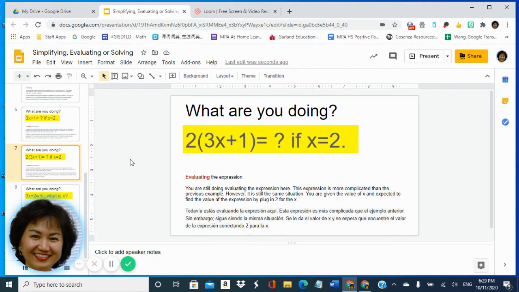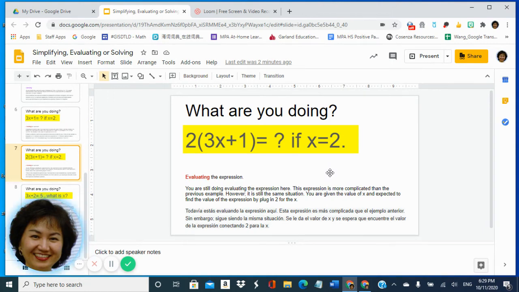Look at this example. This one is another example. What are you doing here? This is another expression. They ask you what does this expression equal to? If x is 2, you have the value of the x. So you just plug in this value into this expression to find an output value. That value is the value for this expression if x is 2.